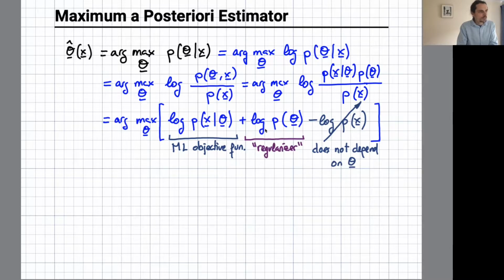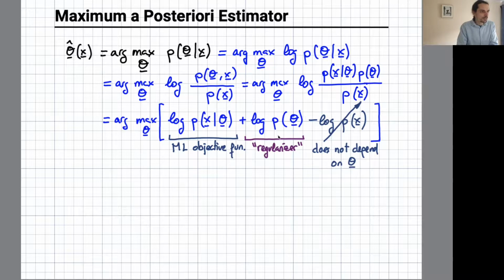And this second term is a term that does not depend on the data, it depends only on the parameters, right? And as such, it is typically referred to as a regularizer, especially in the machine learning literature.